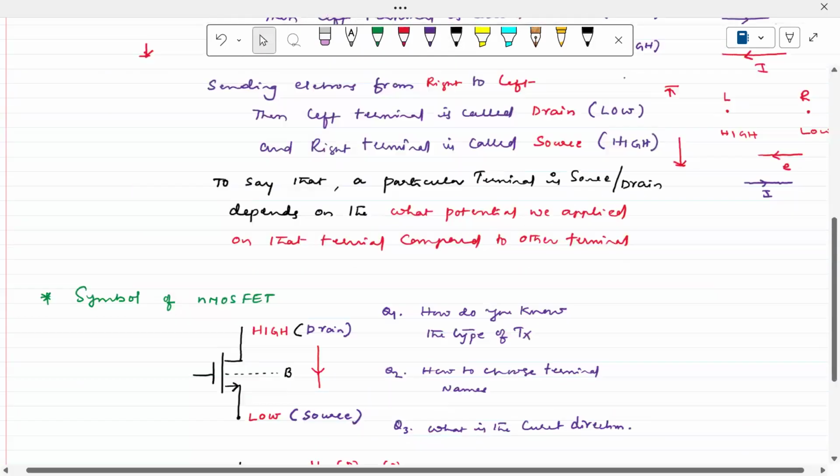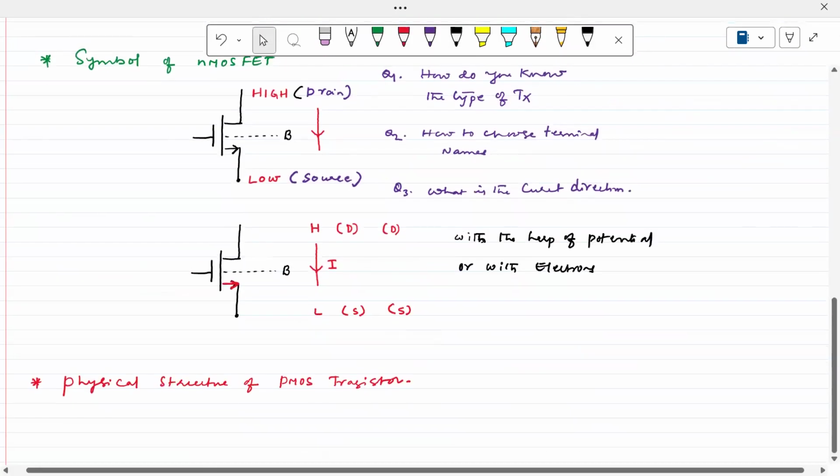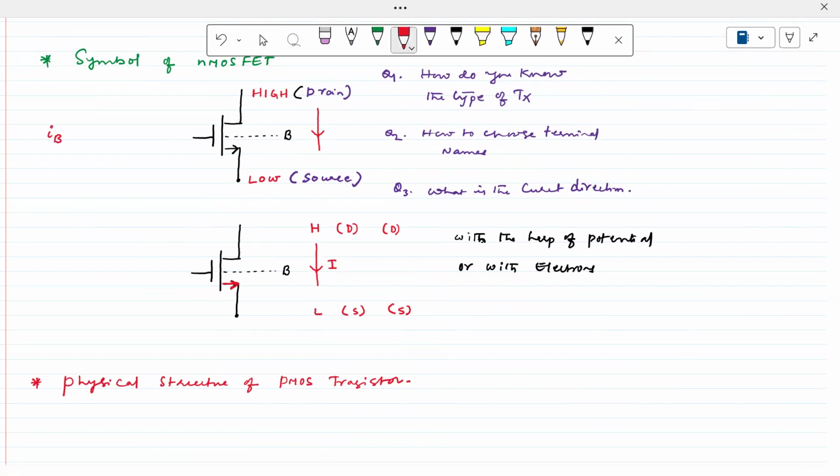By the way, I want to give you one simple conclusion here again. You know what IB is? IB stands for the current through the body. IG is zero, the current through the gate is zero.